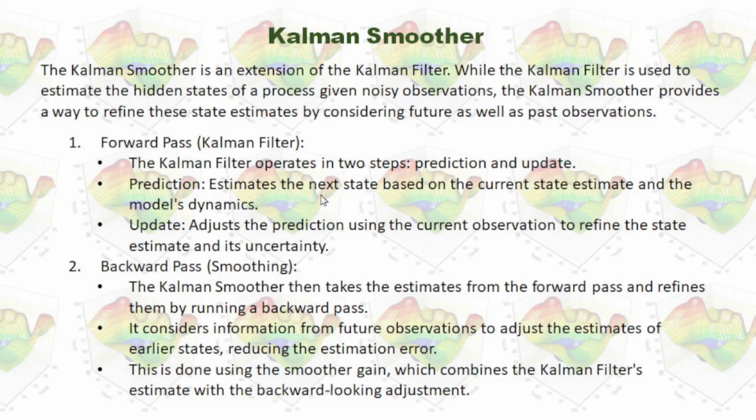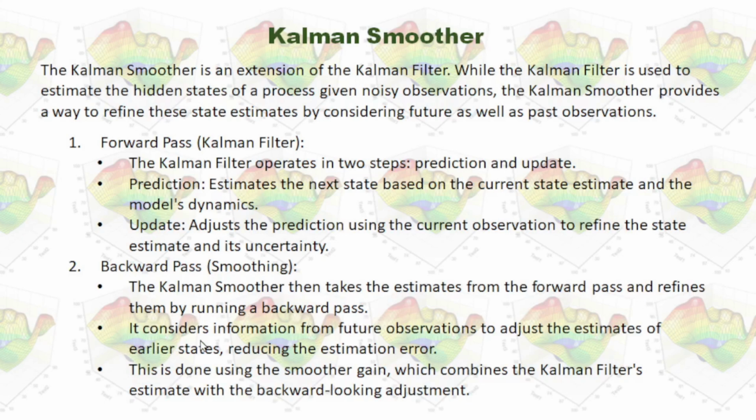And the Kalman smoother works in a backward pass. The Kalman smoother takes the estimates from the forward pass and refines them by running a backward pass.